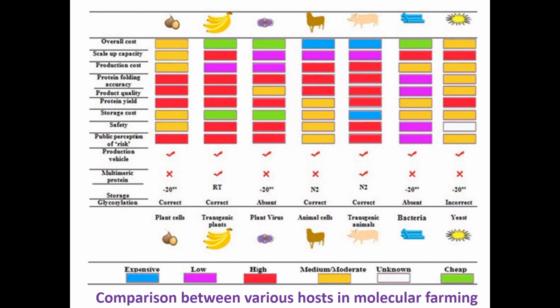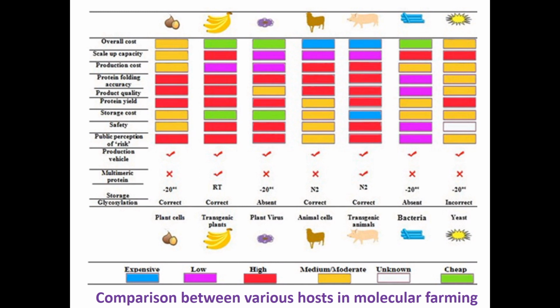Here the overall expense cost is indicated as medium level, and scale up capacity is moderate. Protein folding accuracy is very high in plant cells, and product quality is very high in the plant system.